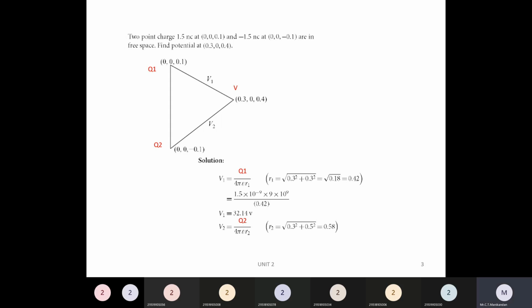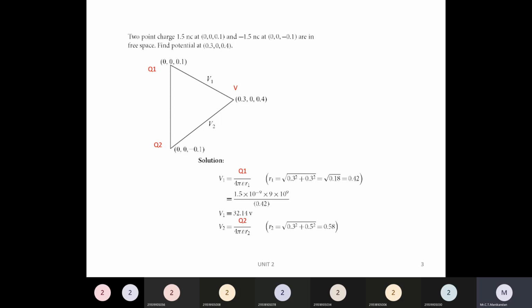And you might ask why we are not going for the vector part here. The points are given, and we are taking only the modulus value. We are not going with the R vector and the AR vector, because potential is a scalar field.